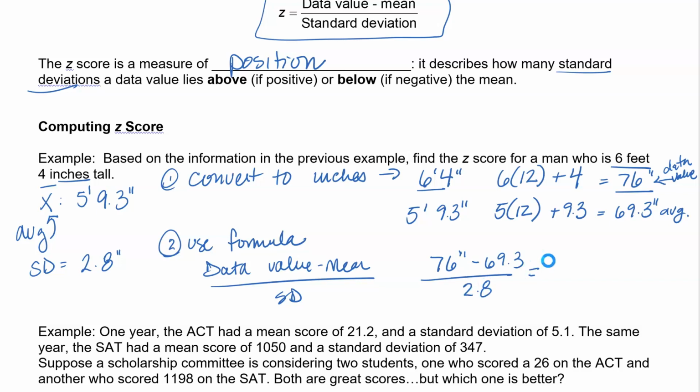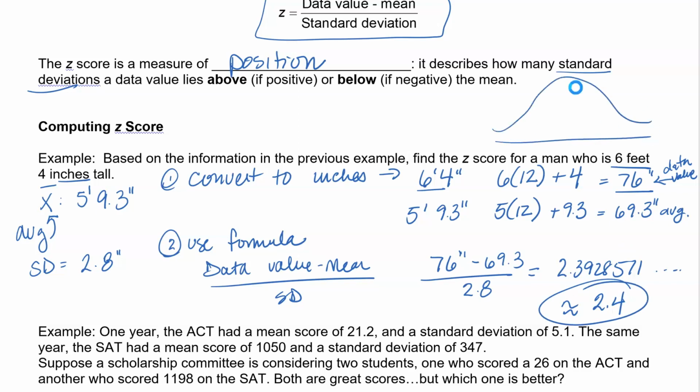If you calculate all of that, you end up getting 2.3928. It's a big long number. Let's say we're asked to round to 1 decimal place, you get approximately 2.4. So if the average is 69.3 inches and this person is 76 inches, it means his z-score is 2.4. It means 2.4 standard deviations above average, which means he's pretty tall.